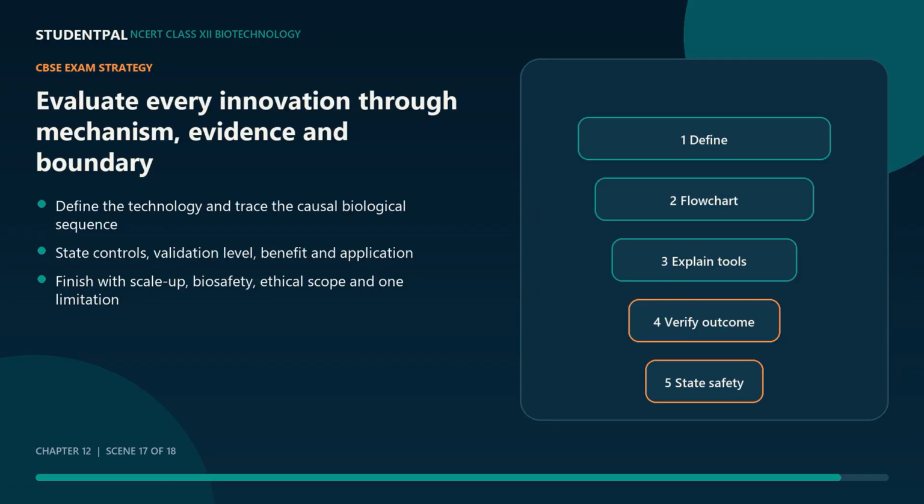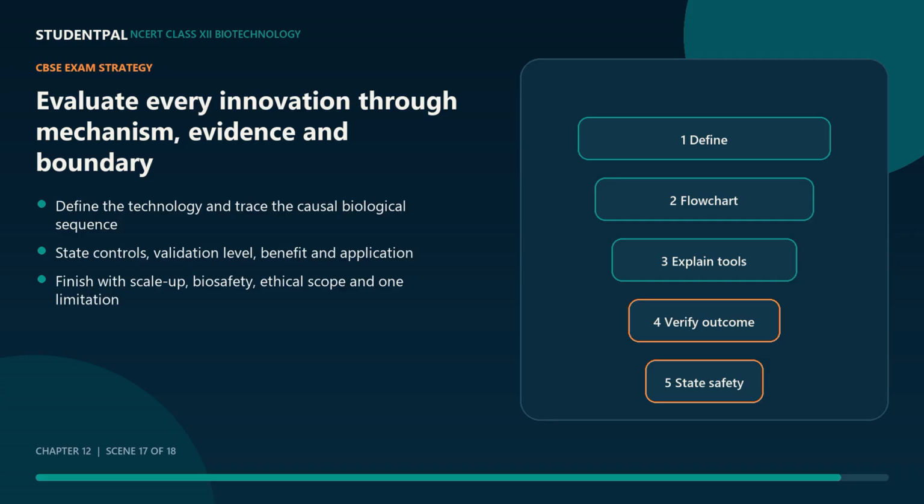For a CBSE answer, begin with an exact definition and biological scale. Explain the mechanism in causal order from input or structural property through cellular process to measurable output. For biofuels, draw the life cycle from feedstock to pretreatment, conversion, recovery, use, and residual streams.